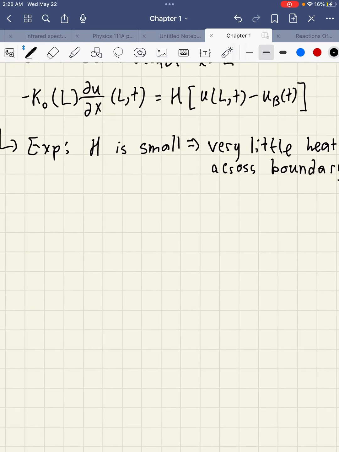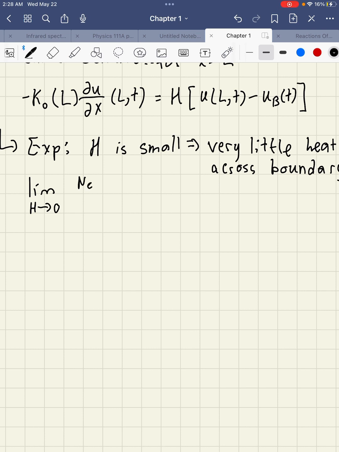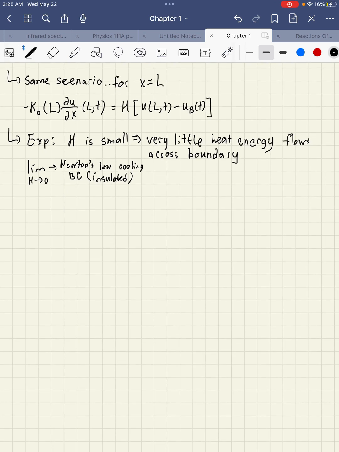So if I do the Newton's law of cooling approach for insulated boundary conditions, if I take the limit as H approaches 0, it approaches the Newton's law of cooling boundary condition that is completely insulated, which makes sense.